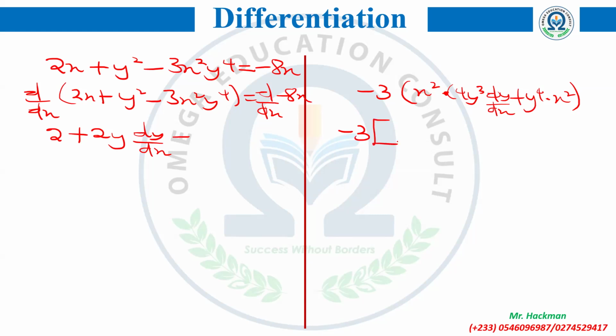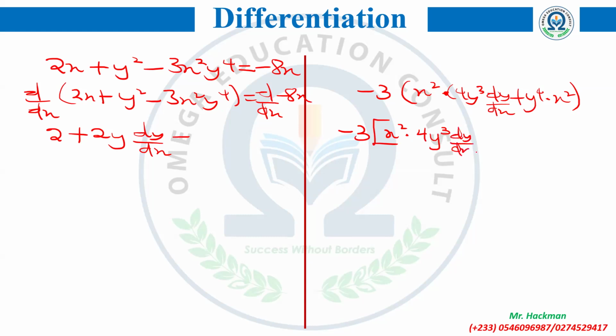So let me use the square bracket. That means I have to hold x squared, then multiply that by the differential of y to the power 4. Remember, I'm supposed to use the product rule. The differential of y to the power 4: you bring the 4 down, keep your y, reduce the exponent by 1, but that's not all, times dy/dx.